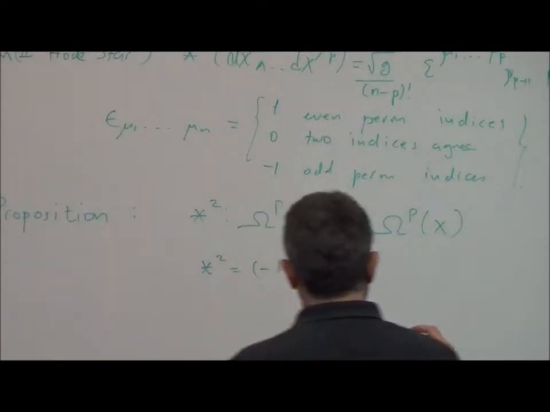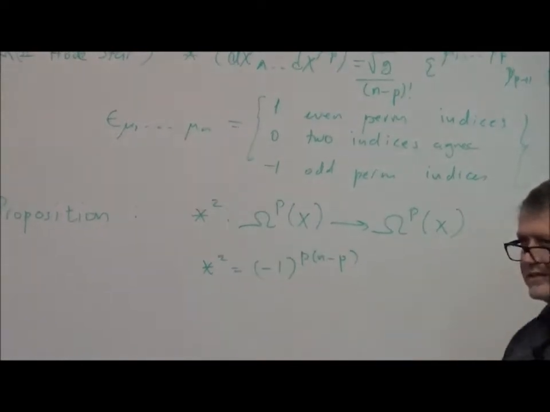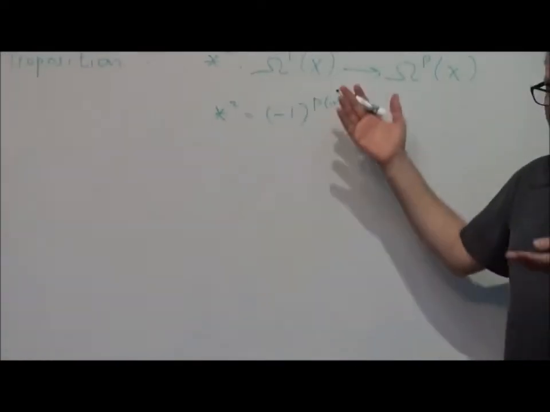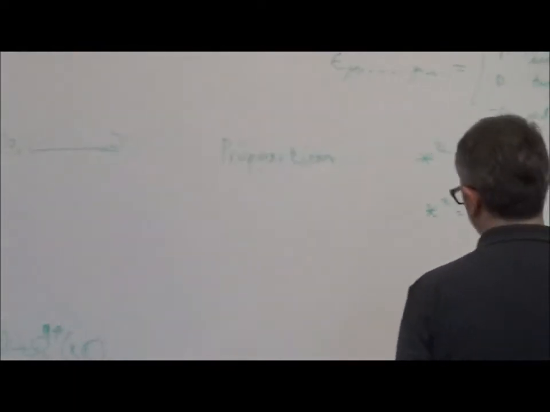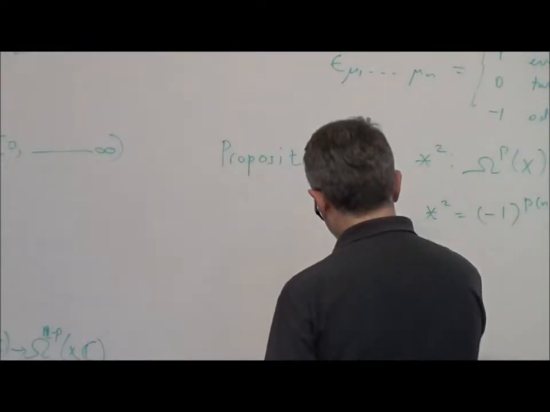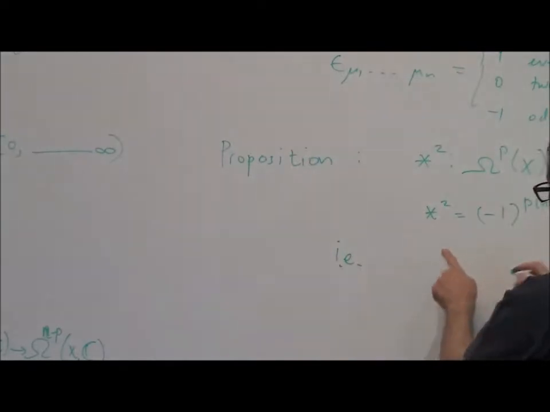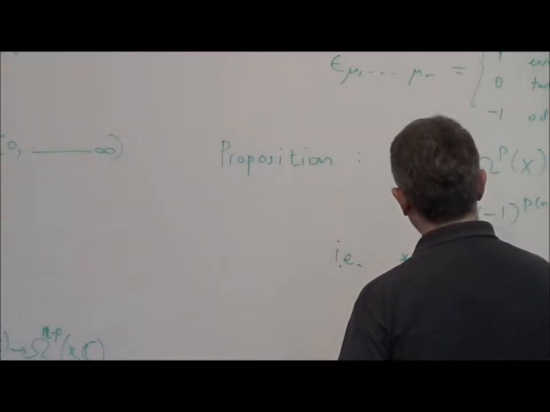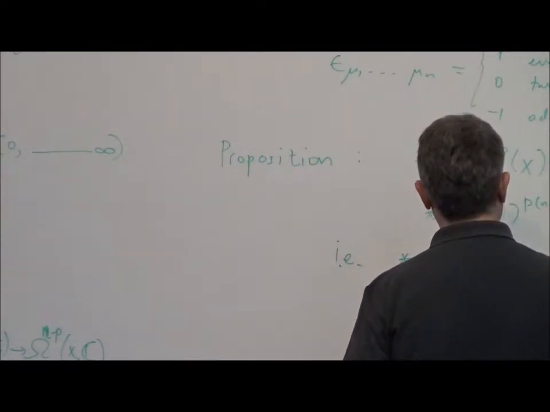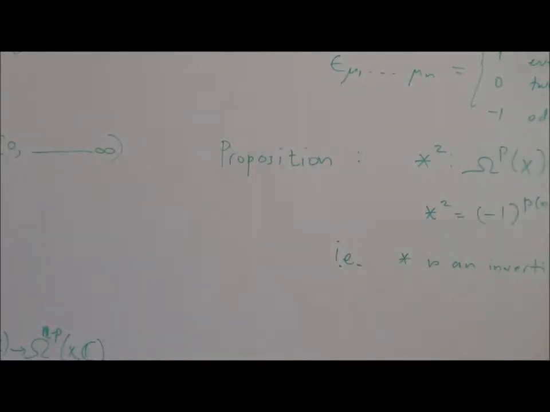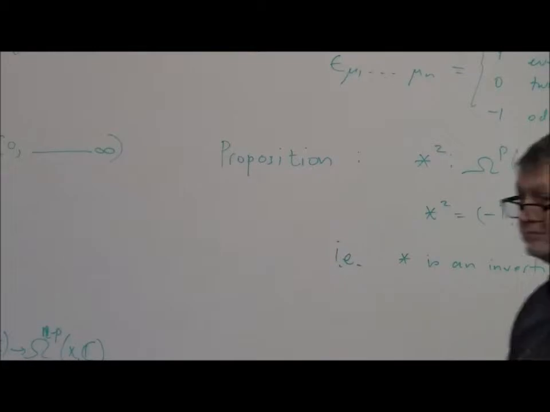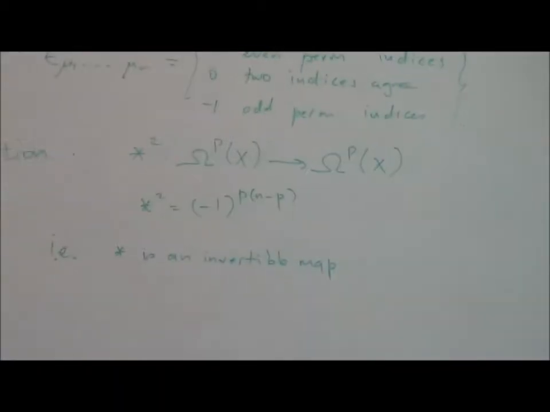All right. So in particular, what do you notice about this? It's not 0 anywhere because it's just plus or minus 1, which means it's invertible. So you've just proven that star is an invertible map. We've got an invertible map between two spaces. They are isomorphic, right?